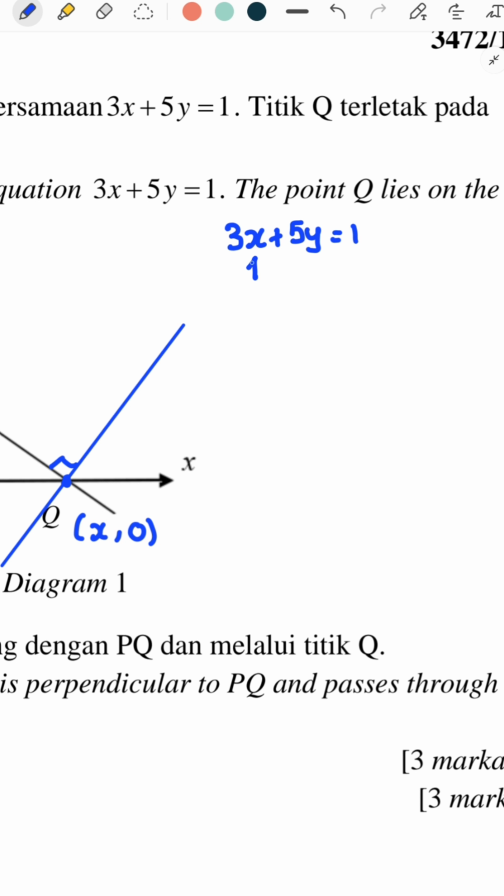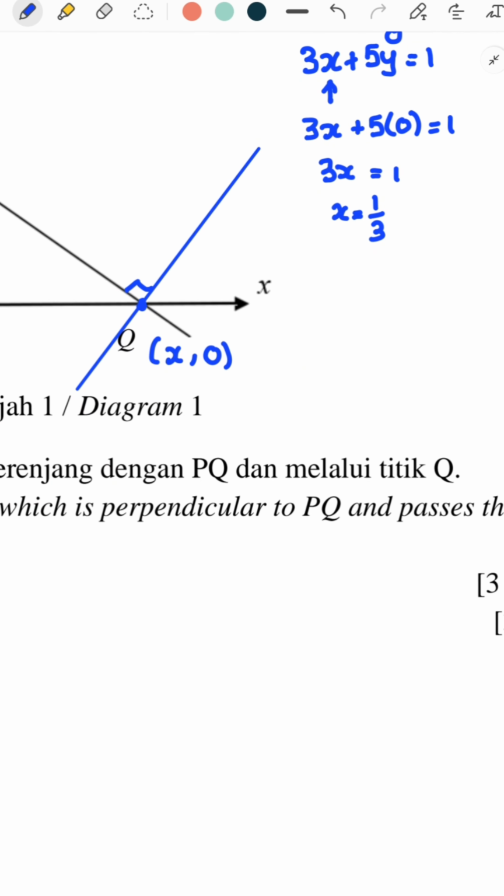So we're going to find the x value when your y is 0. So 3x + 5 times 0 = 1. So 3x = 1 and x = 1/3. So my coordinates for Q is (1/3, 0).